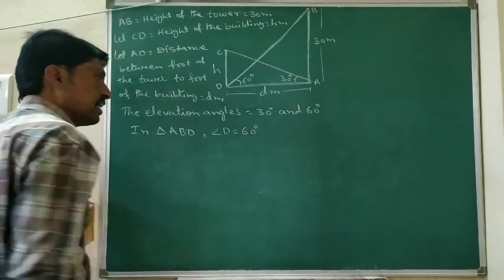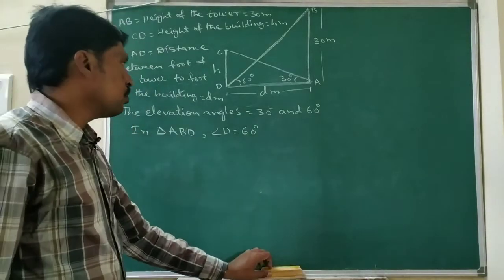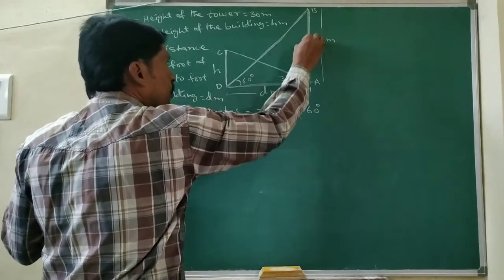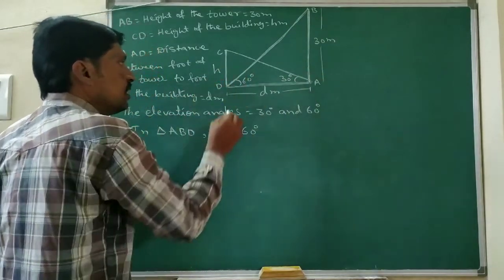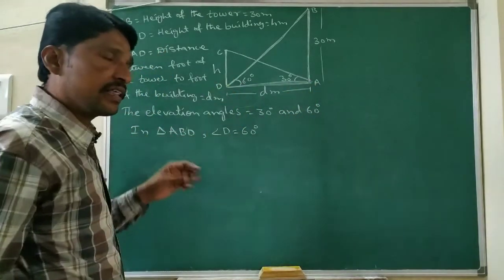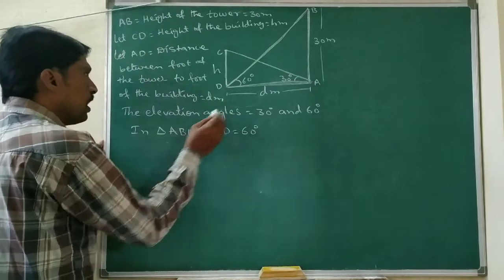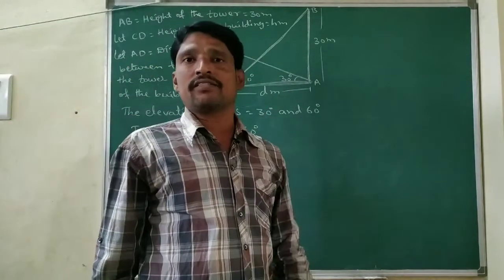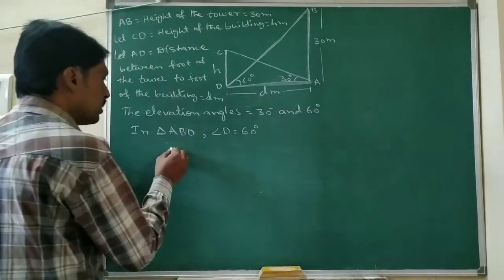Elevation angle 60 degrees it is making. So angle D equals 60 degrees. So what we have to say? Side opposite to angle 60 is AB, and AD is adjacent. Side adjacent to angle 60 we can say. So now opposite and adjacent, what is the trigonometric ratio? That is tan.